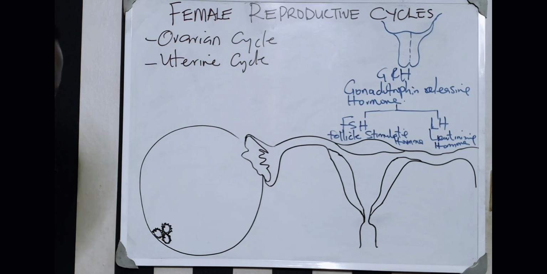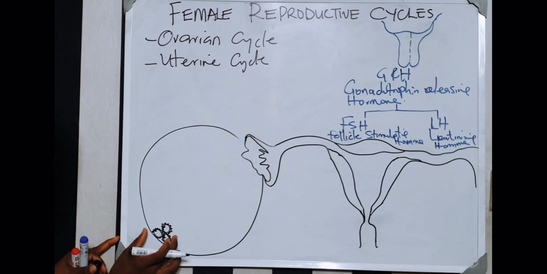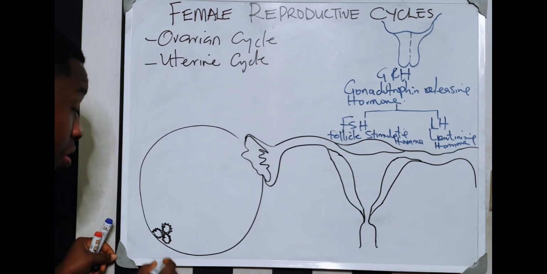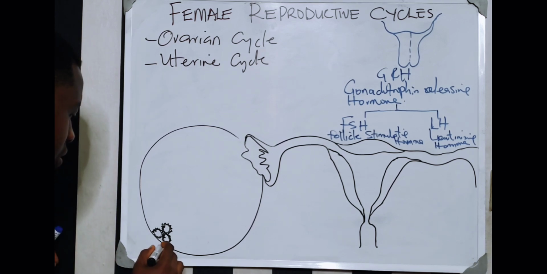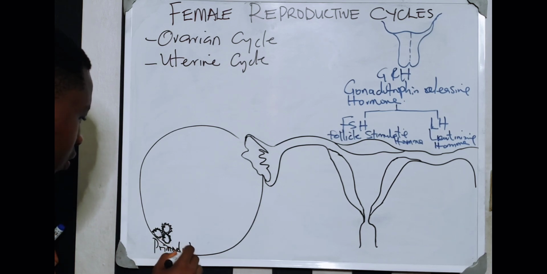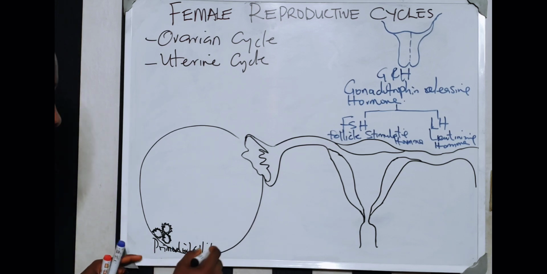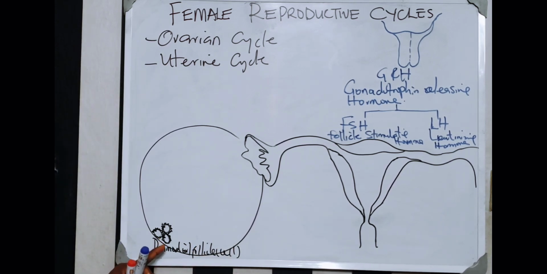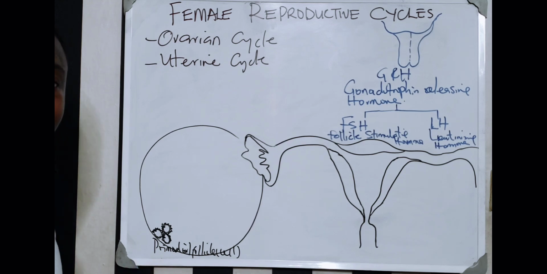Now, you would notice that I made a structure here. This structure is known as the primordial cells, or you can say the primordial follicle. Okay, or primordial cell. Now, these are also known as the immature egg cells.